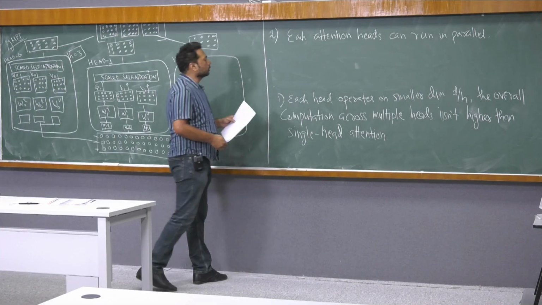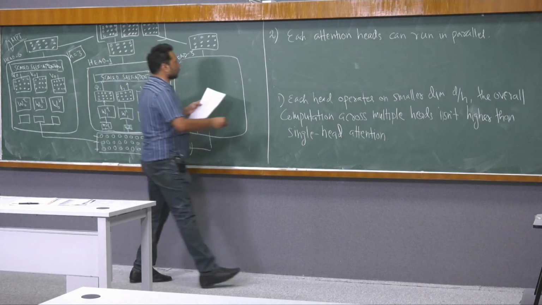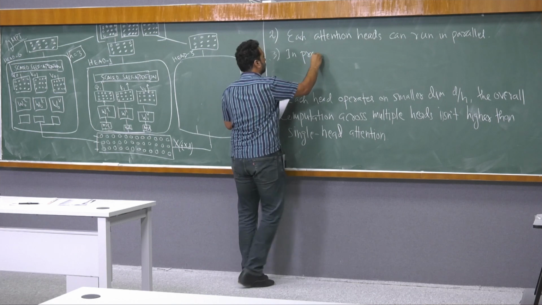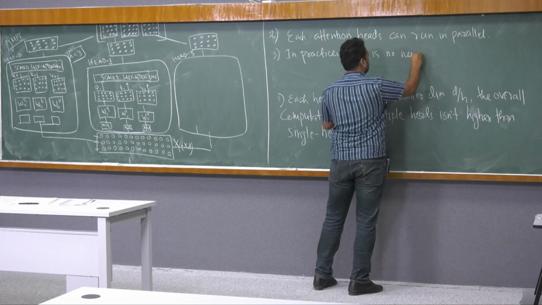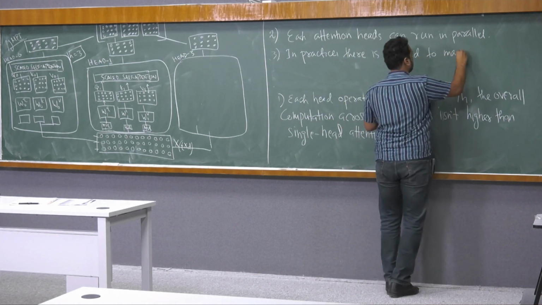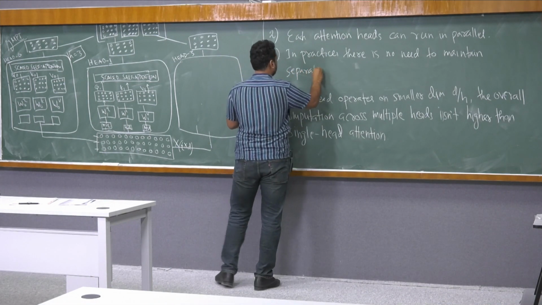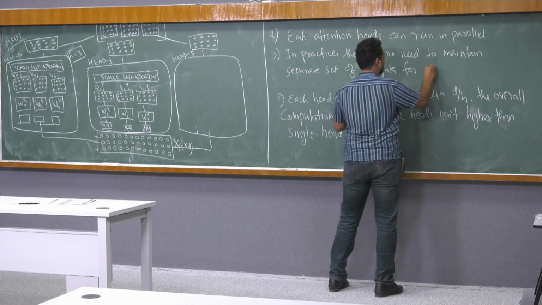Also, when doing implementations, there is a possibility that you may want to share the weights across some heads. Although we have not shown this yet, in practice there is no need to maintain a separate set of weights for each head.